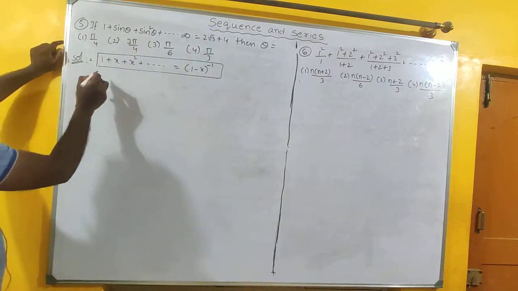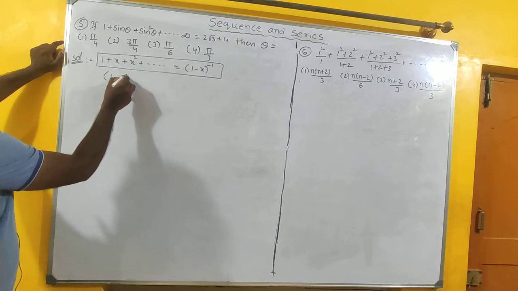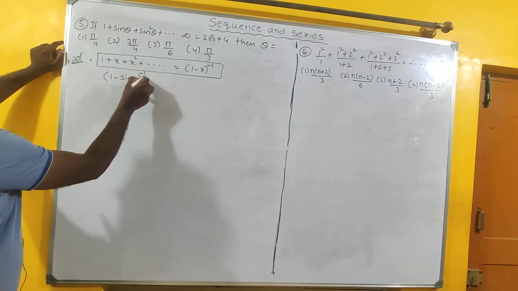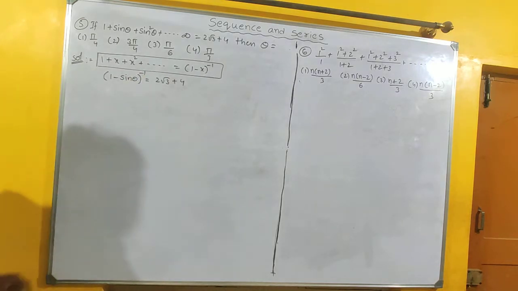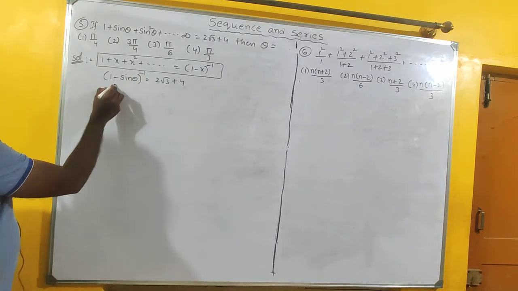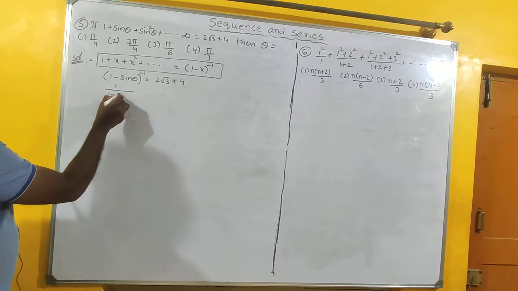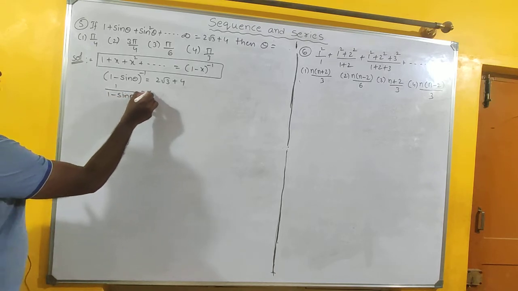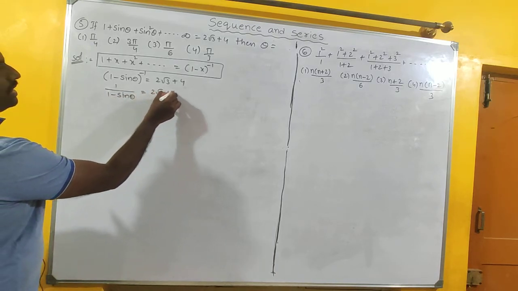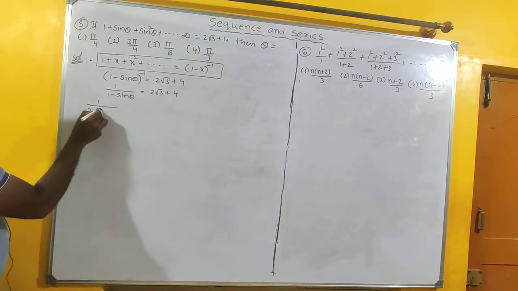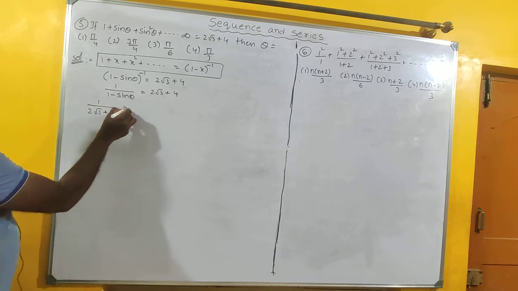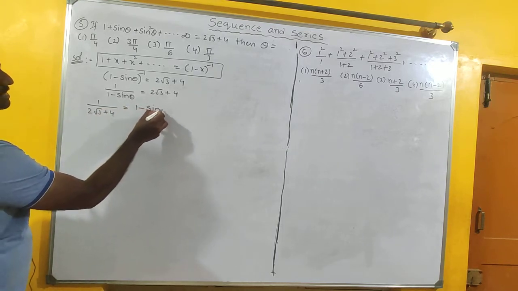That's why you can write (1 minus sin theta) whole power minus 1 is equal to 2 root 3 plus 4. If you simplify, 1 by (1 minus sin theta) is equal to 2 root 3 plus 4. Then 1 by (2 root 3 plus 4) is equal to 1 minus sin theta.